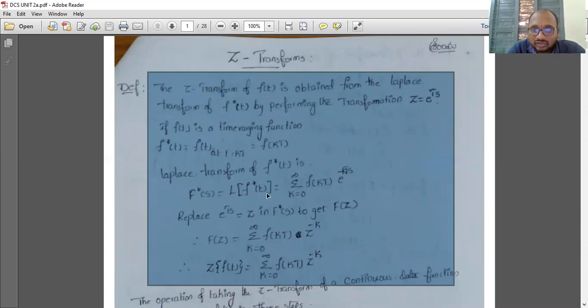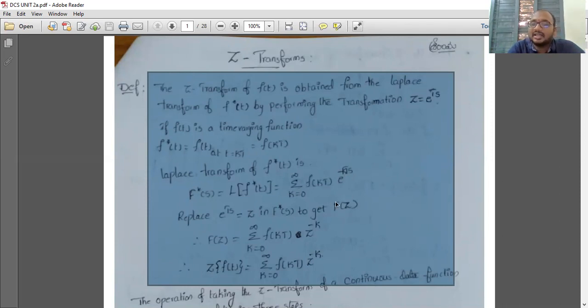So the Laplace transform of our discrete signal, Laplace transform of f star of t, which is equal to f star of s, which is equal to, it is a basic formula, sigma k is equal to 0 to infinity f of kt into e power minus k into ts. Okay, replace e power ts as z in f star of s to get f of z.